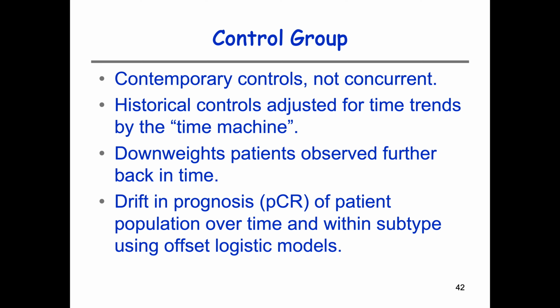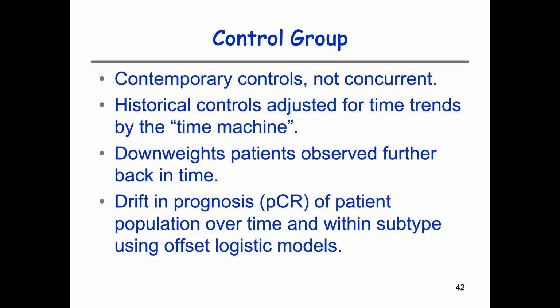Now, what about this control group? They're using contemporary controls, not concurrent. Now, what that means is they're constantly getting patients treated, being randomized to SOC. So why throw out the ones from the past?